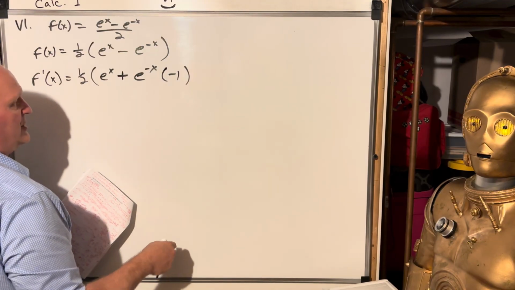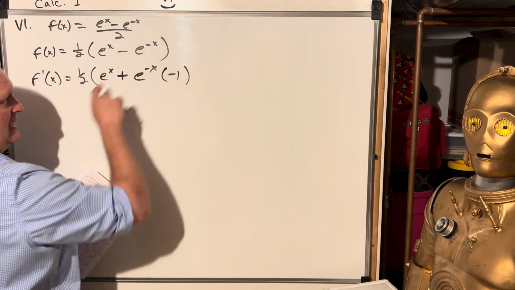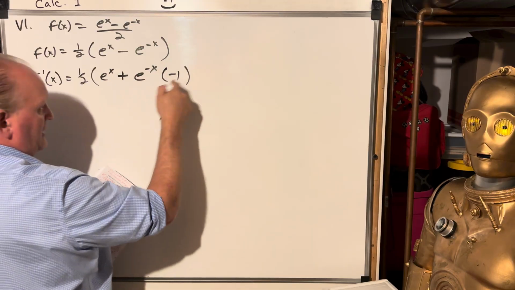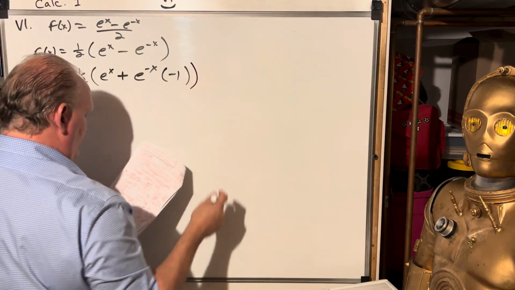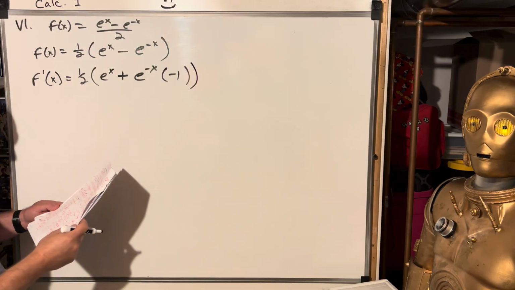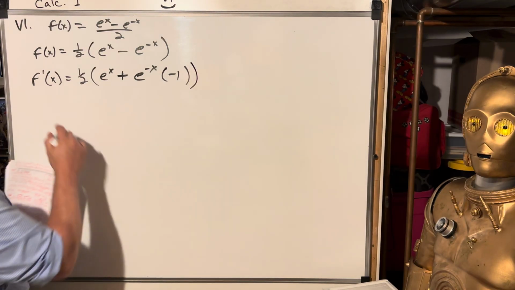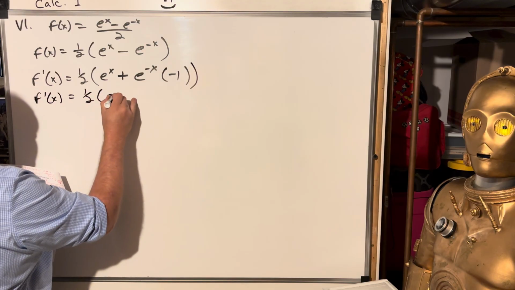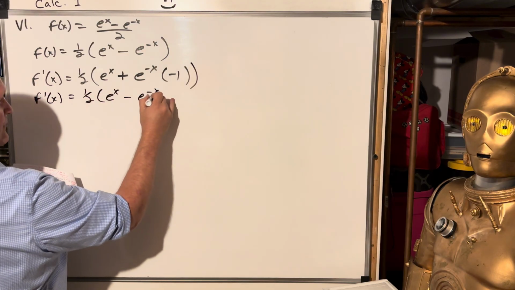So we almost never put it there. But because they slipped that little negative in there, that changed the sign in the front, and I had to multiply by negative 1, so it's going to change right back. And so the first derivative is that.